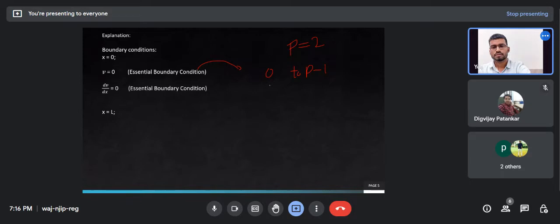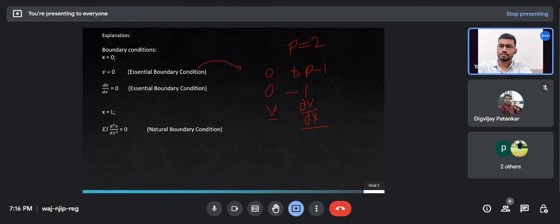So that is 0 to 1, since p is 2. For order 0 it will be v, and for the first order derivative we can write dv by dx. So all the boundary conditions with the value of v or dv by dx will be your essential boundary conditions, right?